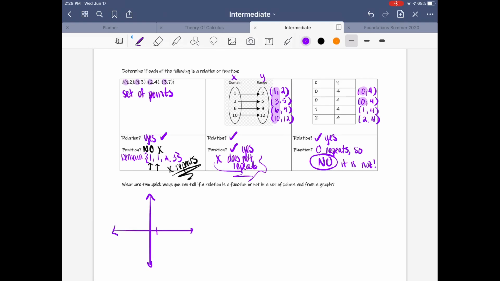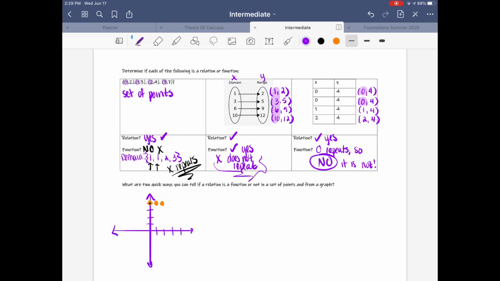Let me draw some 1, 2, 3, 4, 1, 2, 3, 4. I only have positive points, so I can just do that quadrant. We had 0, 4, 0, 4. Again, I'm just going to draw it kind of small in there because it's overlapping. 1, 4, and 2, 4.